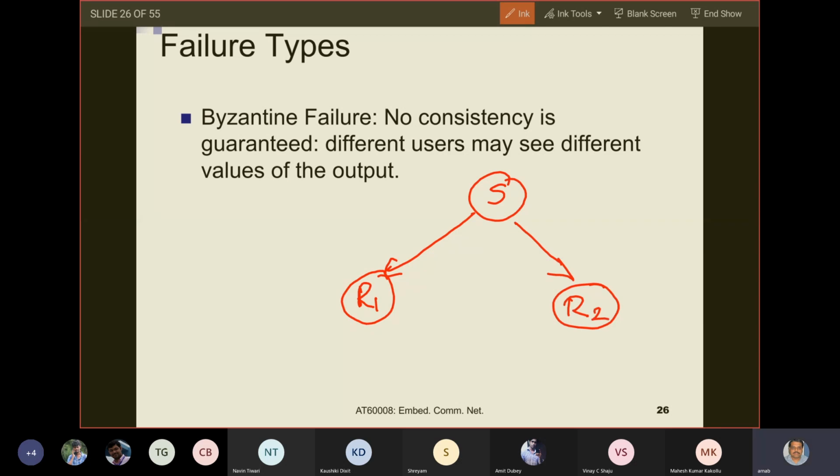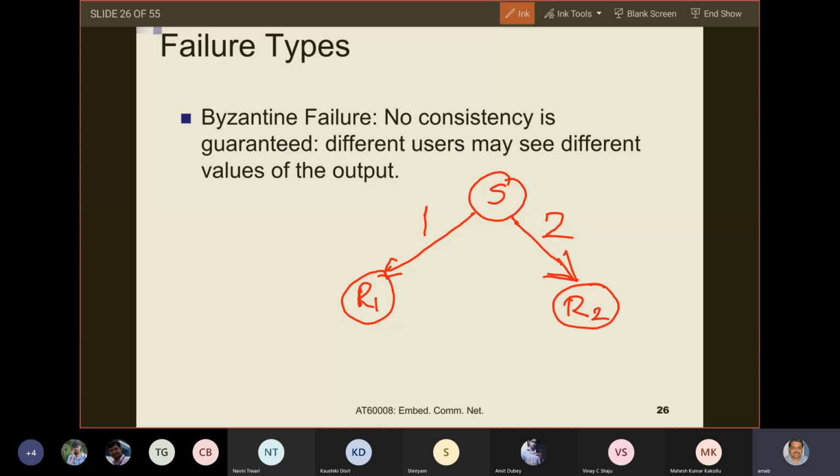It tells R1 that the output is 1, and it tells R2 that the output is 2. So the sensor is in error, fine, but it tells 2 different outputs to the 2 controllers. R1 is a controller, R2 is another controller, and they receive 2 different sensor inputs.